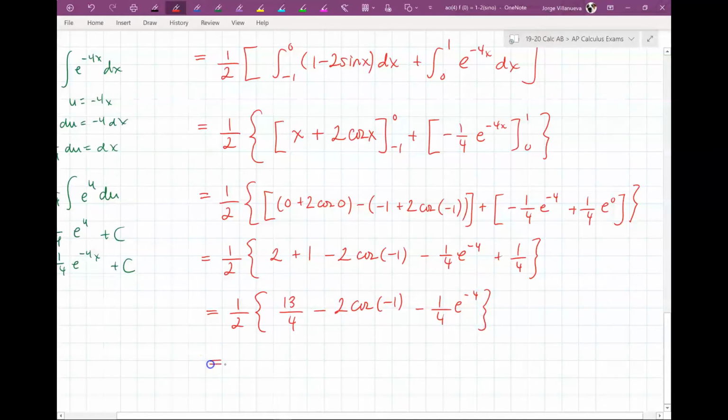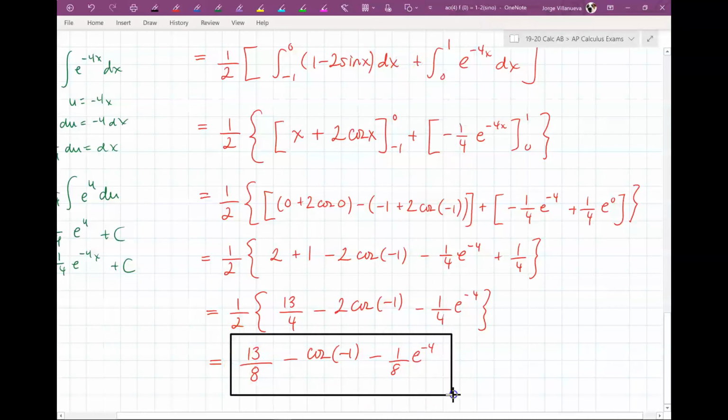Let's just distribute this 1/2. So that's 13 over 8 minus cosine of -1 minus 1/8 e to the -4. And I think that's going to be your answer. So I'm just going to put a box around it, and we will be done with question number 6.